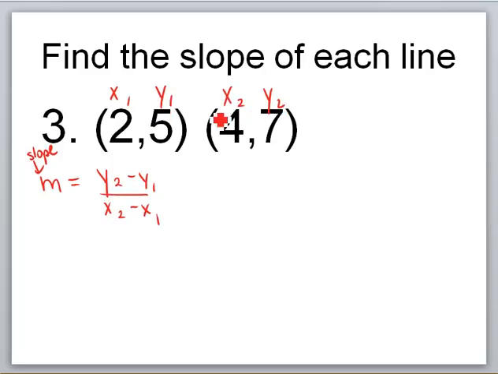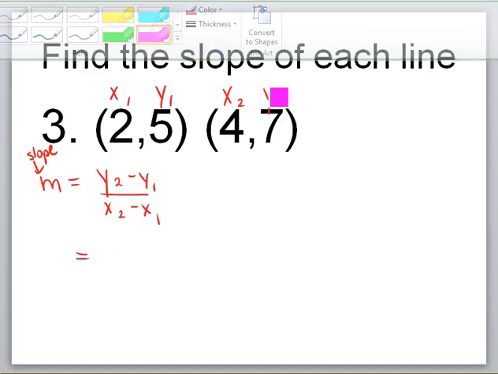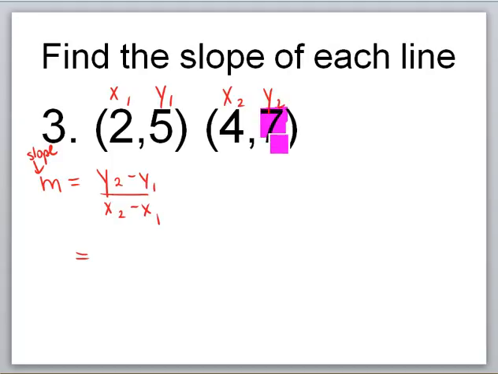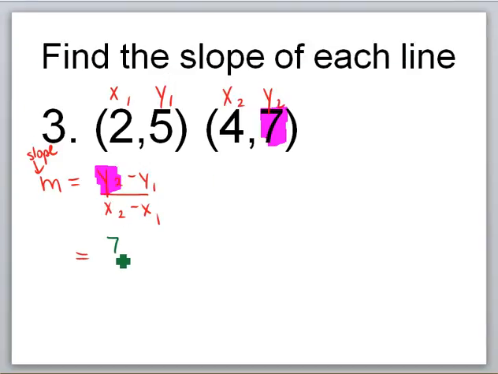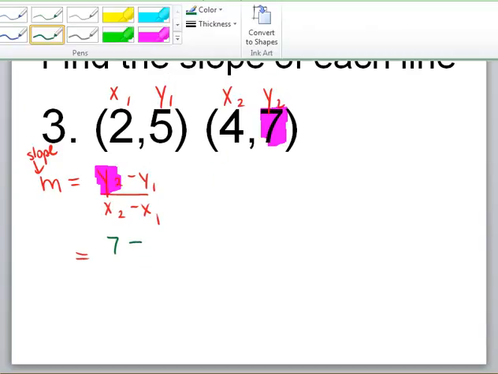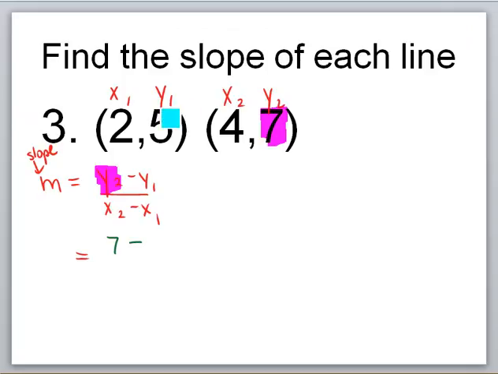This is the first ordered pair, and this is the second ordered pair. What you're doing is you're plugging those in. I'm going to highlight in different colors. Here is y2. y2 is purple. So I will say that y2 is 7 minus y1, which is in blue.